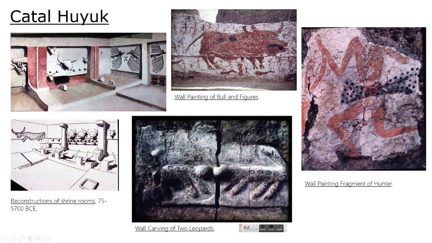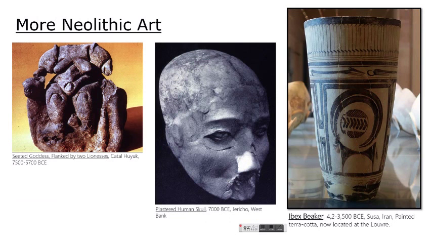These are hunting scenes, and you also have things like bulls, and in a lot of these spaces we had these little shrines, like here, where bull skulls were plastered into the wall, or like this kind of shrine, and hunters painted on walls with leopard skins, and also an obsession with lions and leopards, large cats, as kind of totem animals, like this wall carving with two leopards facing each other.